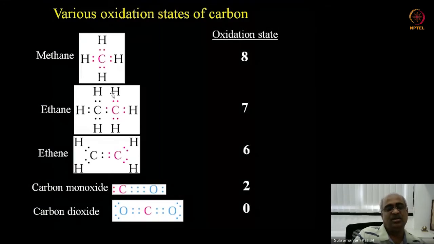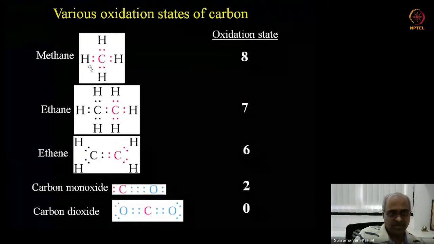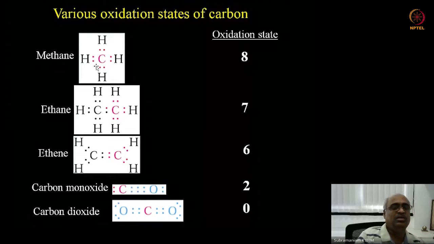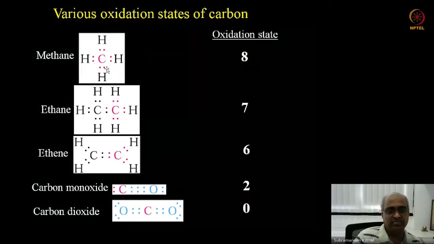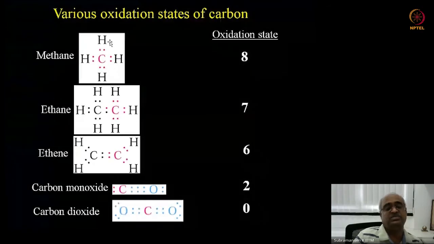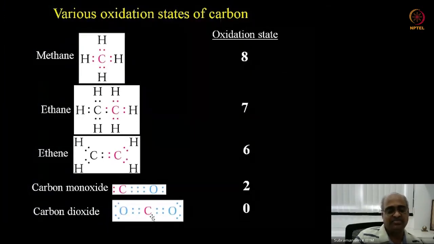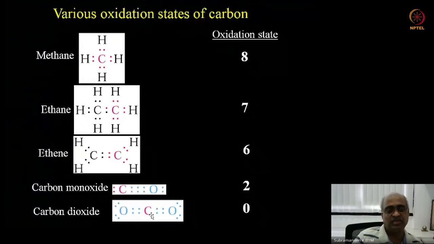Okay, so this carbon has the maximum reduced state, like maximum claim on maximum number of electrons. Here it has the least, basically 0 here. So these are the 8 oxidation states of carbon.